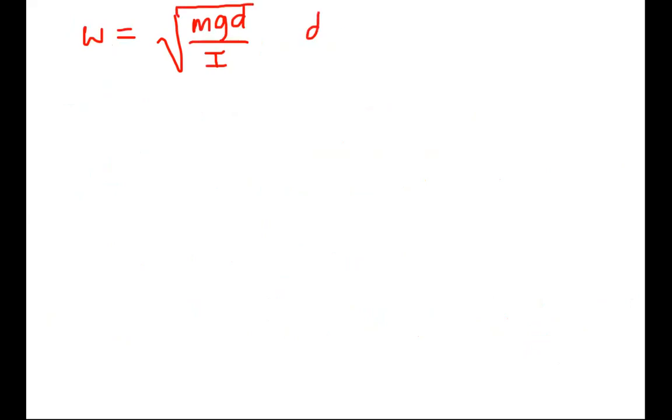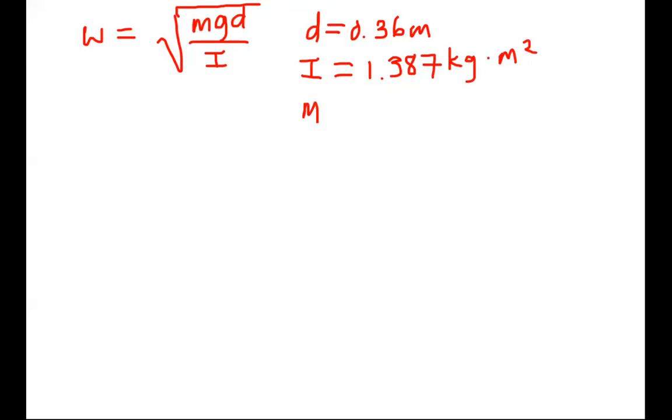So d is equal to 0.36 meters. I is equal to 1.387 kilogram times meter squared. And the total mass is equal to 8 kilograms plus 2 kilograms, which equals 10 kilograms.